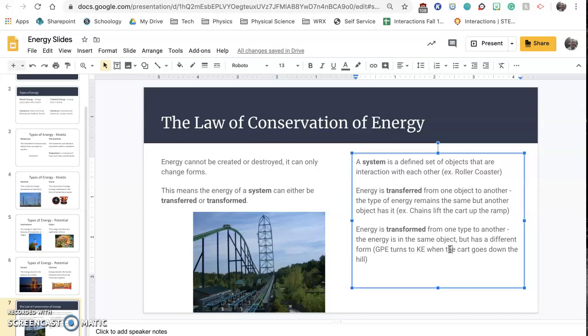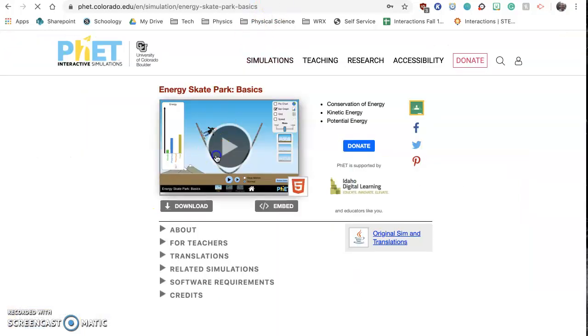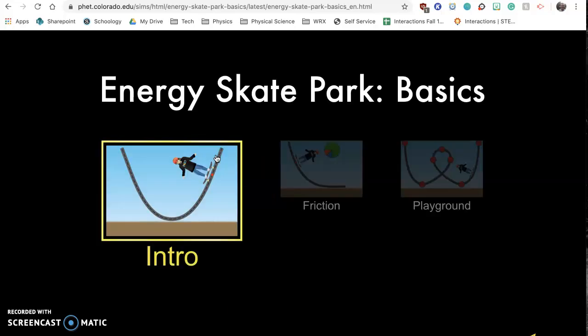Going from the roller coaster example, at the top of a hill, it's going to have GPE. As it goes faster down that hill, it is going to turn into kinetic energy. And I can see that in the simulation we did last week.